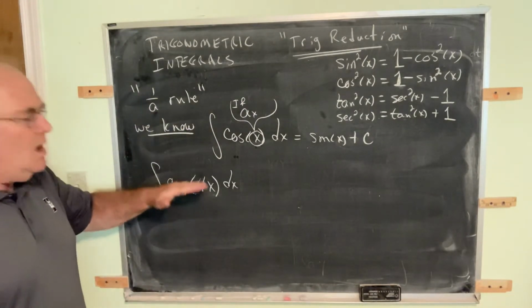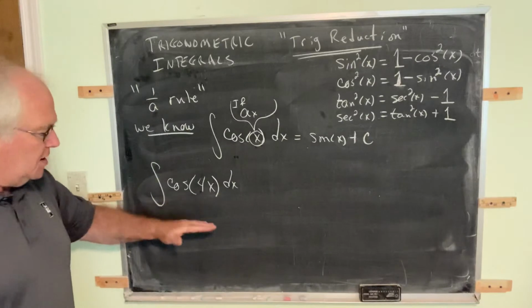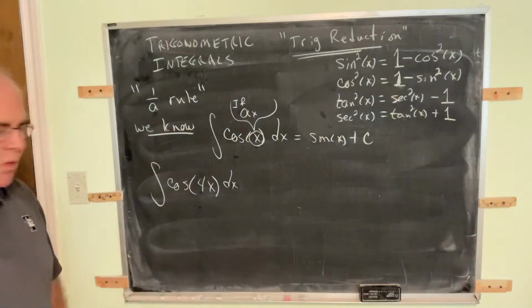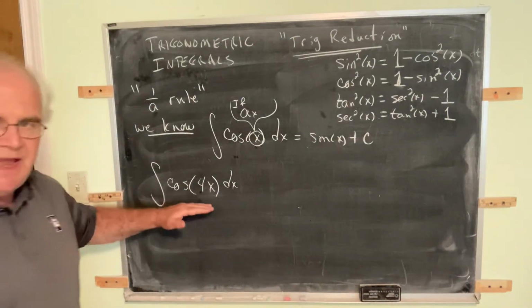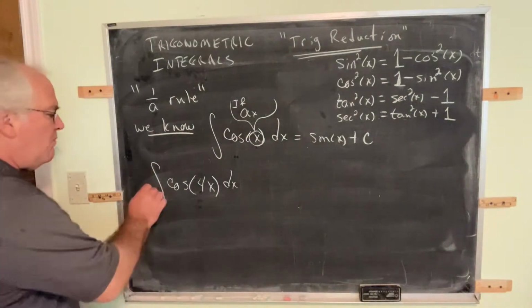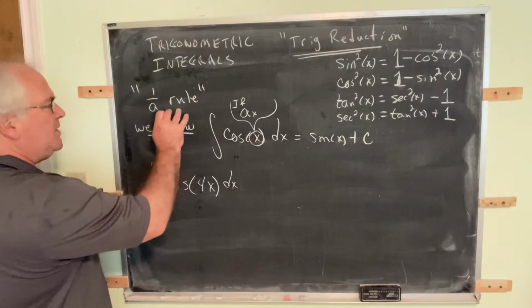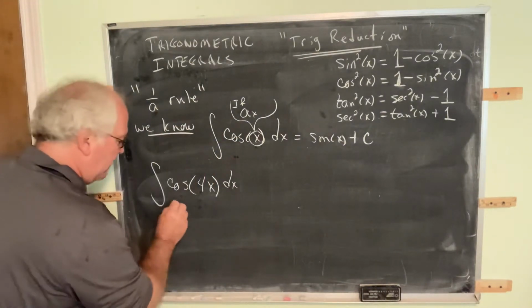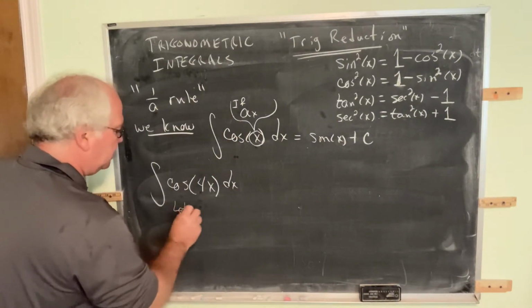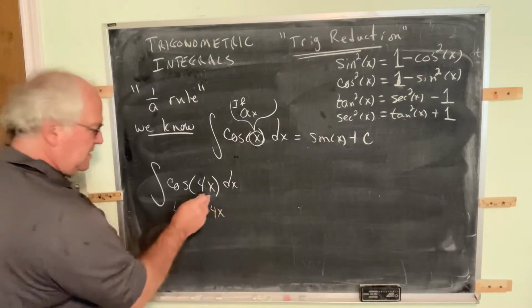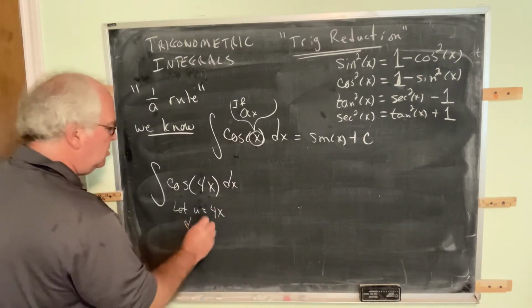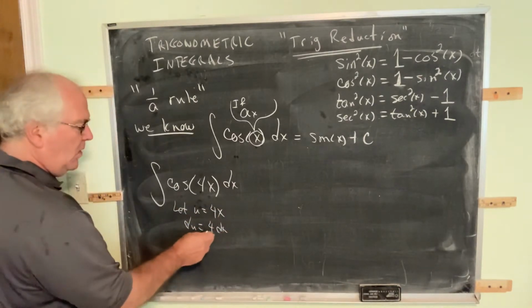Now, what you may do, if you wish, is go through the basic calculus 1 U substitution. It's the same way as is always done. Let's just do a U substitution. Let U equal 4x, it's the inner function. Du is 4 dx, and we don't want the 4.